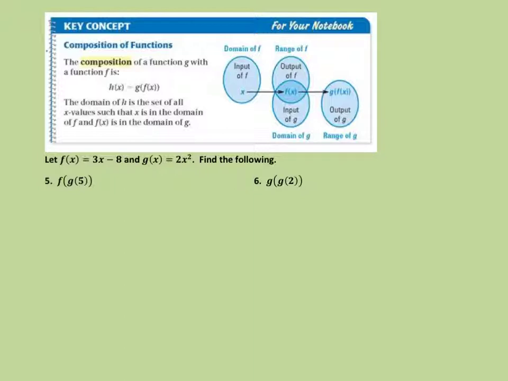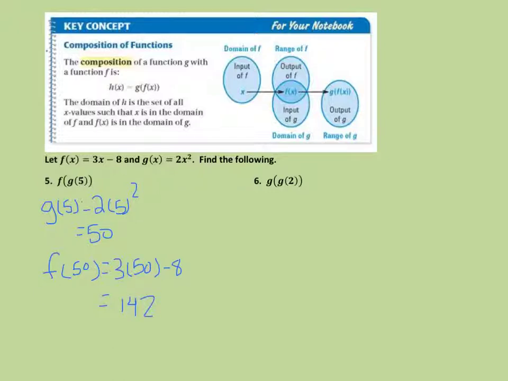This is what I would do first. g of 5 equals, well, 5 squared is 25 times 2, 50. So that means find f of 50. 3 times 50 minus 8. 150 minus 8, 142. So f of g of 5 equals that.